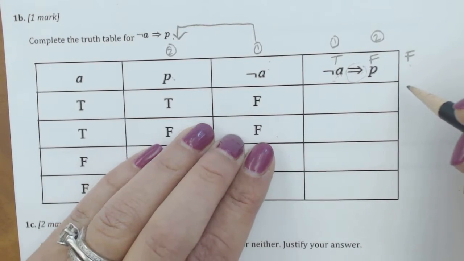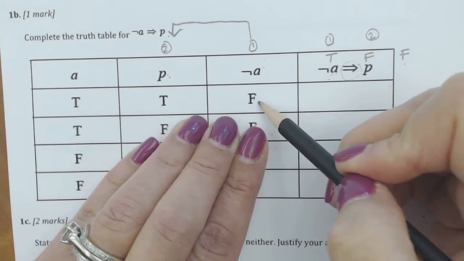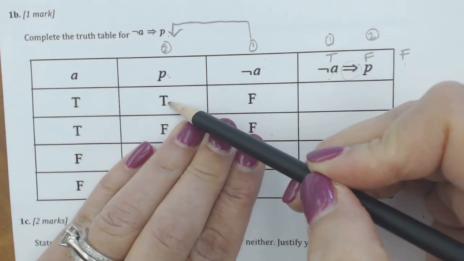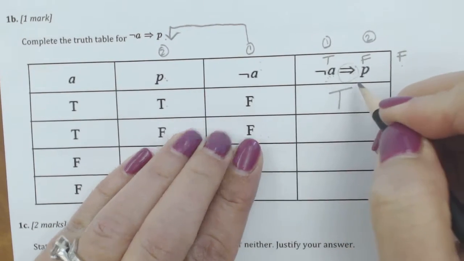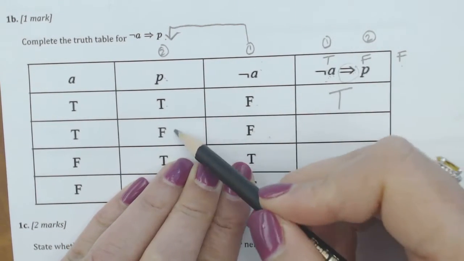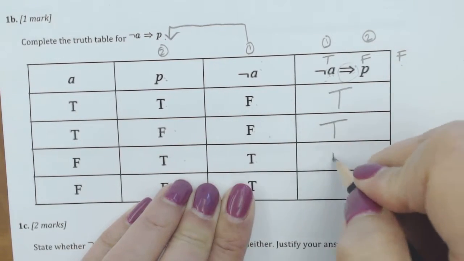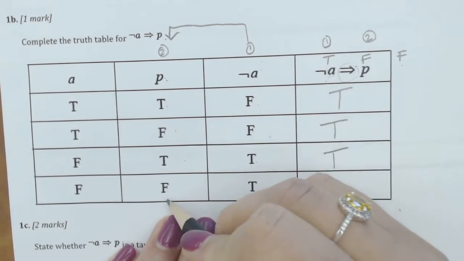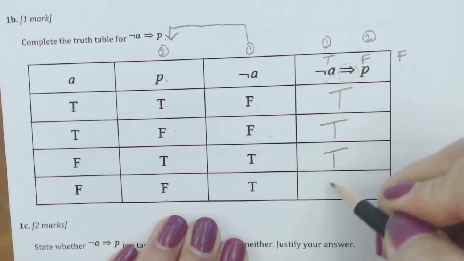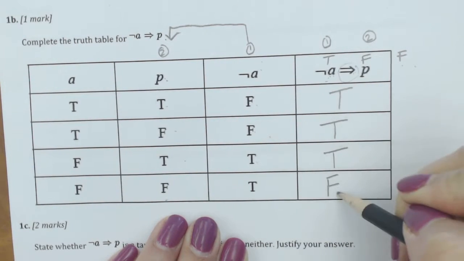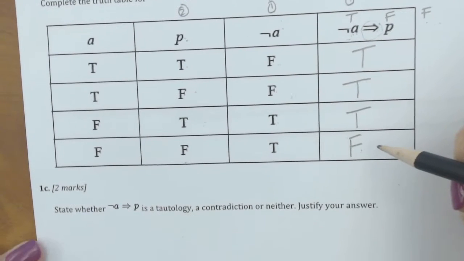Anything else is always true. So not A false, to P true, that's going to be true. Here we have false, false, that's true. True, true, that's true. True, false, here's that case, this is going to be false. So there's our one false here.